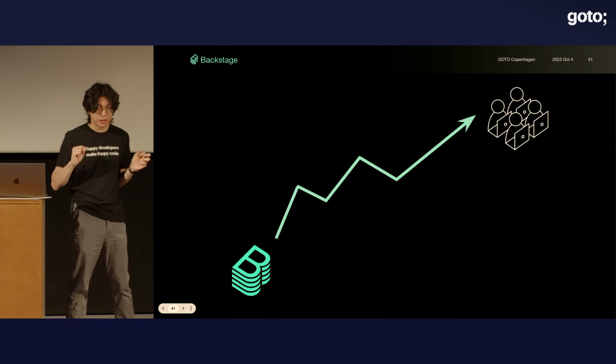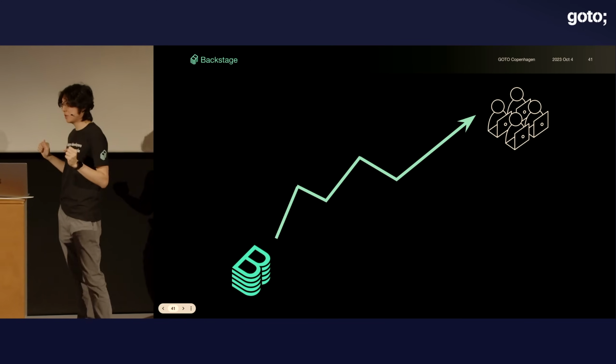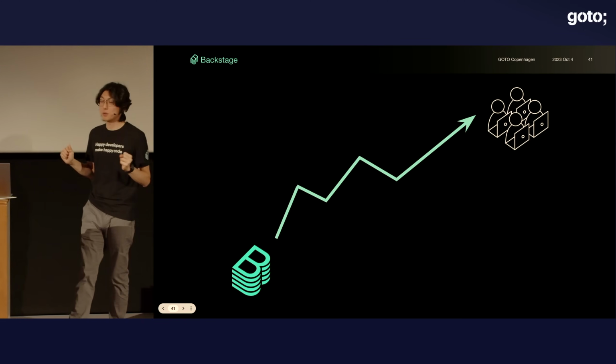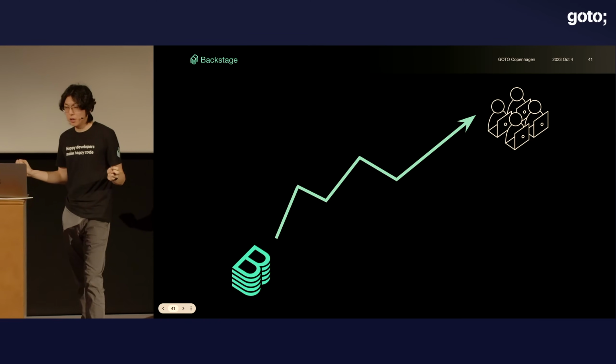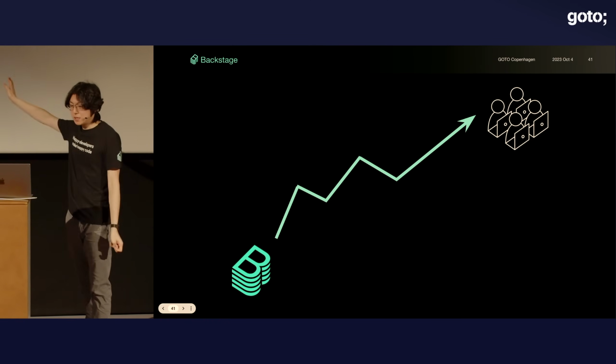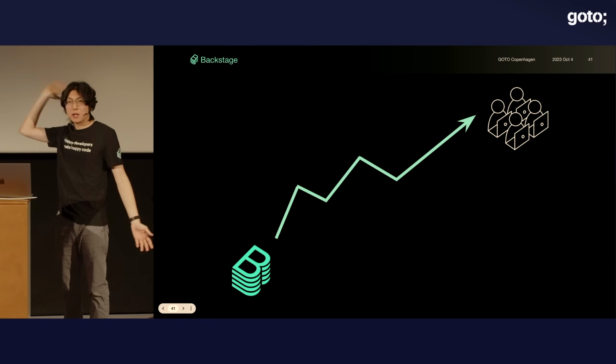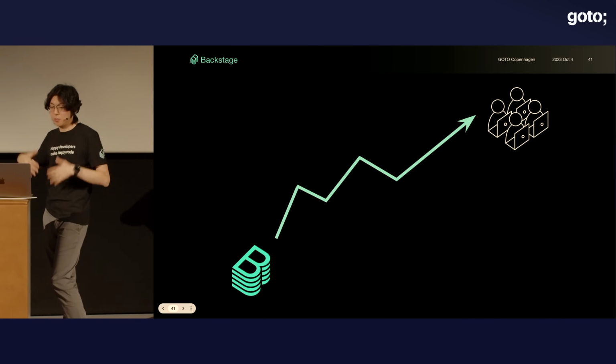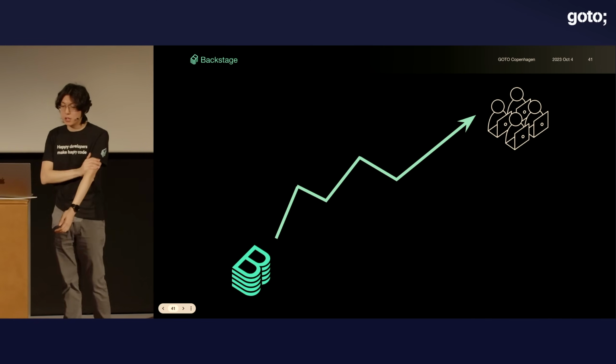Okay, storytelling time. So put yourself back 2 years or so, 2021, I guess. We've open sourced Backstage. It's exploding in popularity. There's a lot of buzz about it in the open source community.